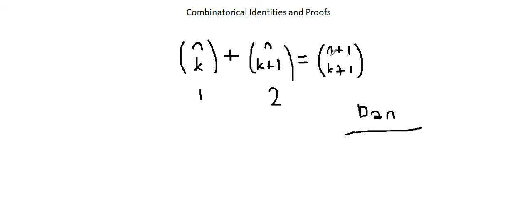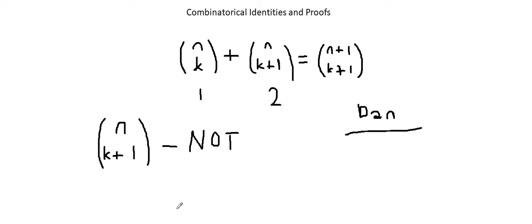Let's look at what Dan does if he's not on the committee. If Dan is not on the committee, we already know that we have n people left because n plus 1 minus 1. But we still have to choose k plus 1 people.